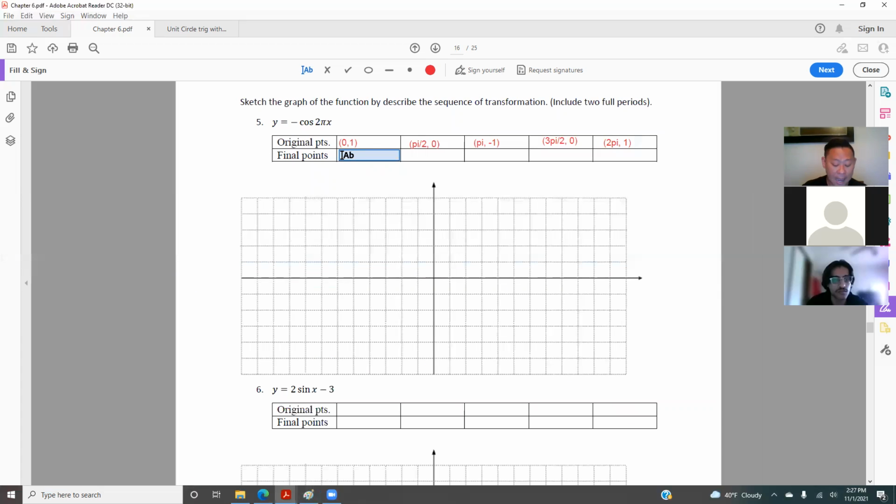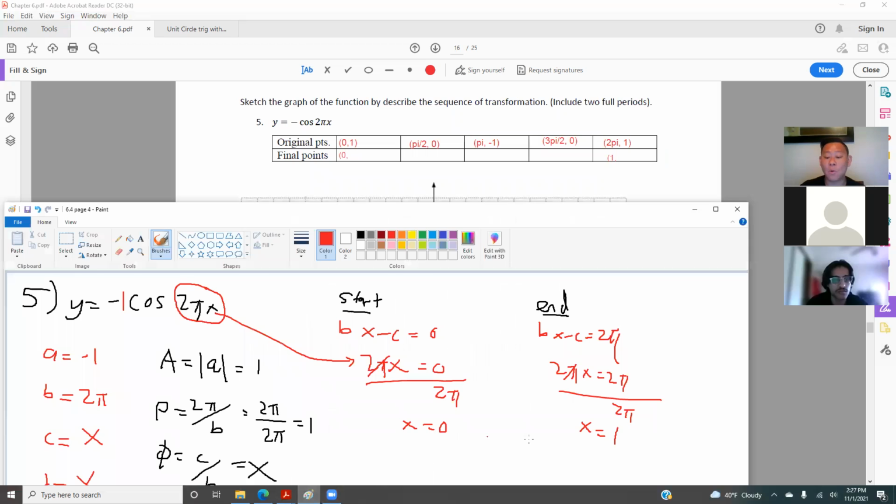It's telling us that the x values will start at 0 and end at 1.